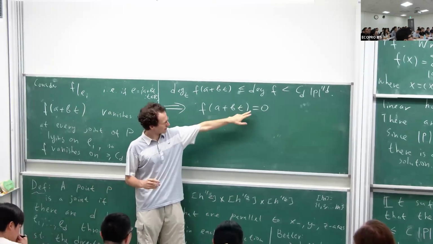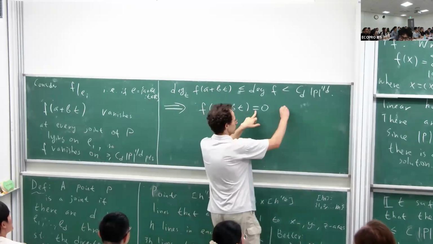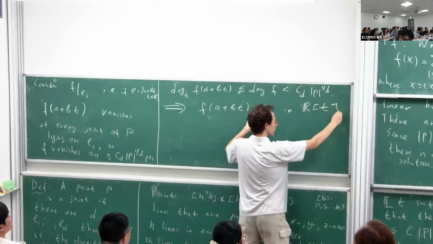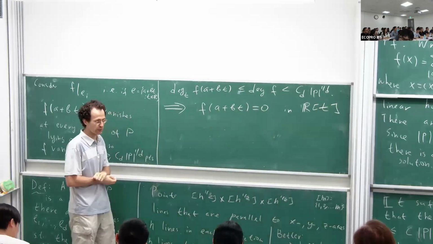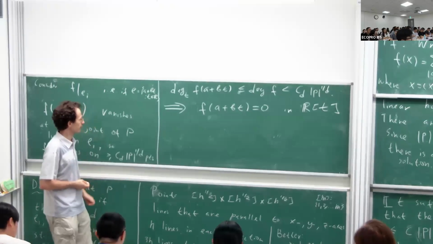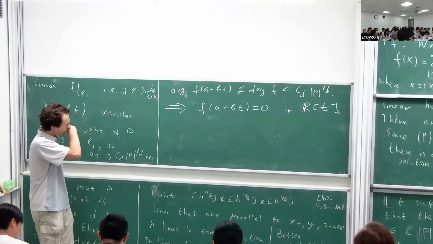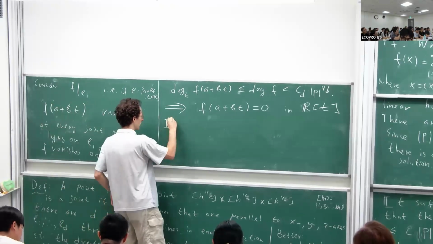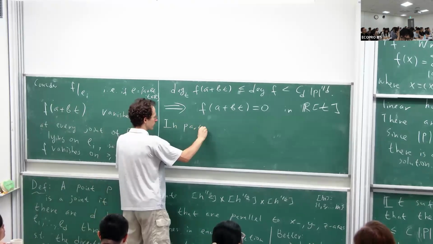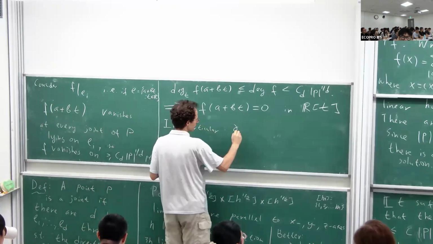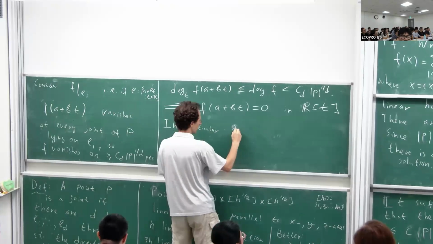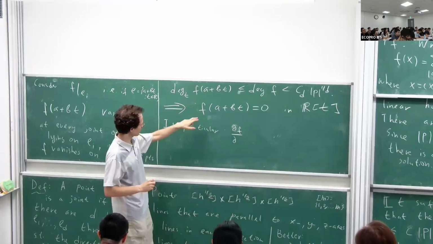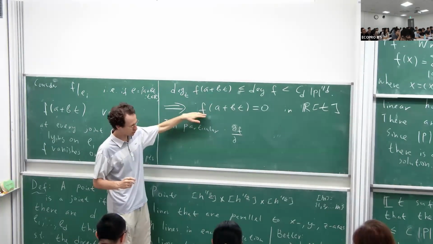Now, okay, this is an equality of polynomials. Good. All right. In particular, the derivative of F in the direction of this line is going to be zero.